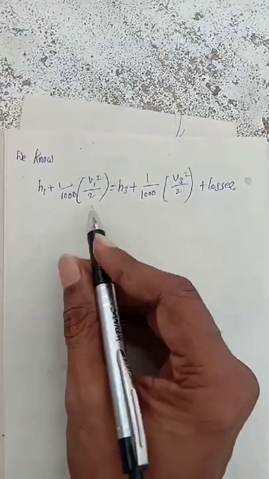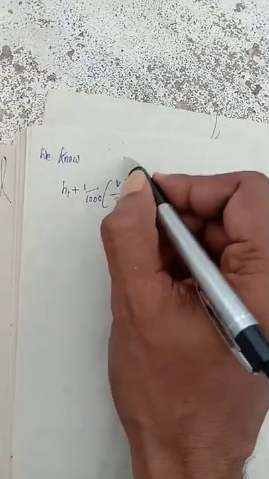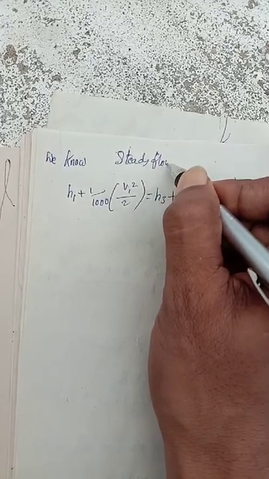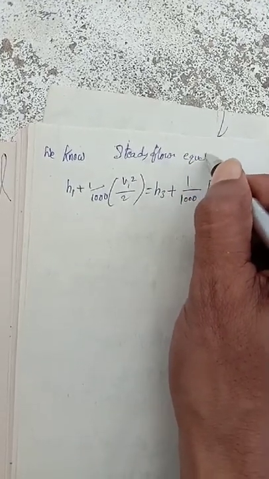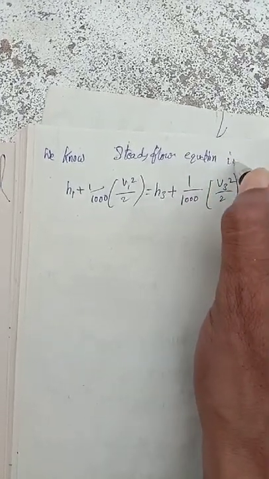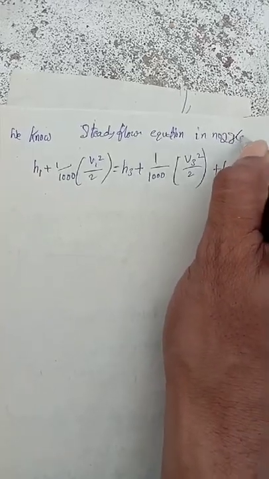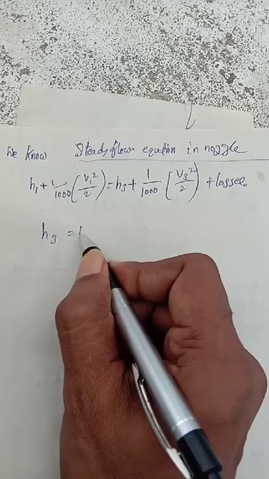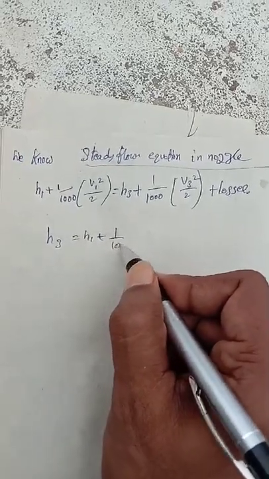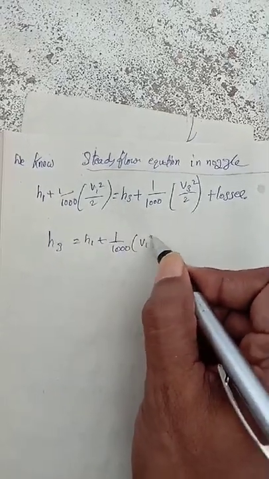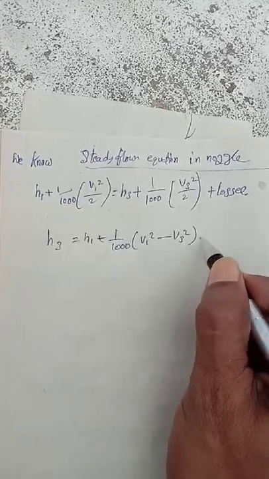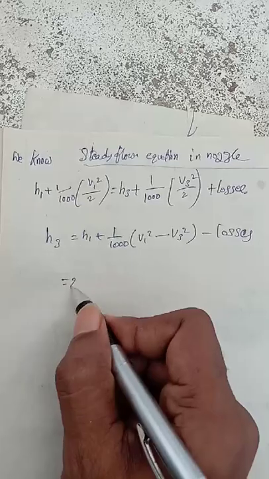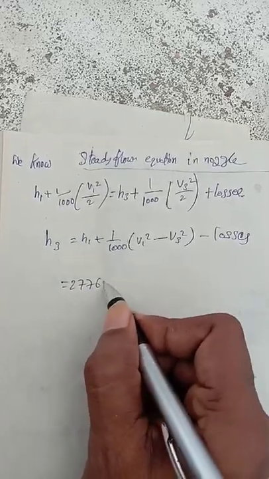Okay, this is the equation for steady flow, called the steady flow equation in a nozzle. So then h3 is equal to h1 plus 1 by 1000 into (V1 squared minus V3 squared) minus losses. Then substitute the values here.